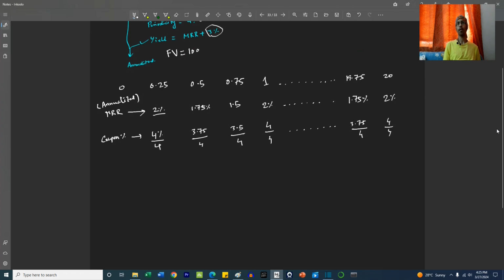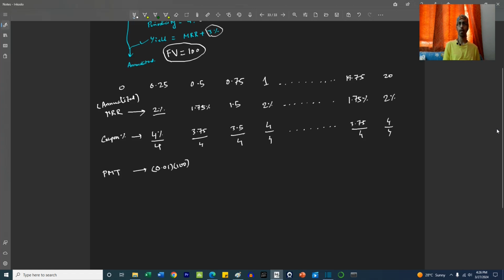From this one, we can decide on the periodic payments, right? So periodic payment will be this coupon percent multiplied by the future value. So future value is 100, right? This will be 0.01 into 100, right? This will be the first periodic payment.